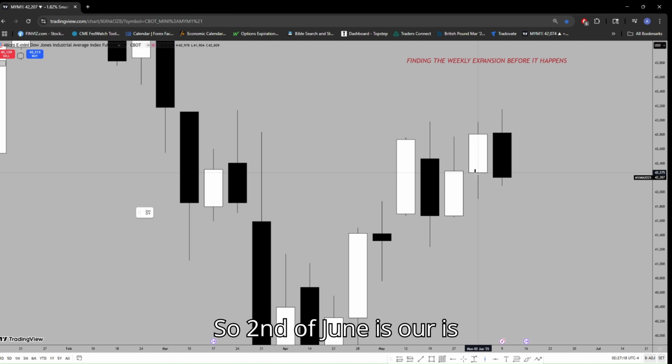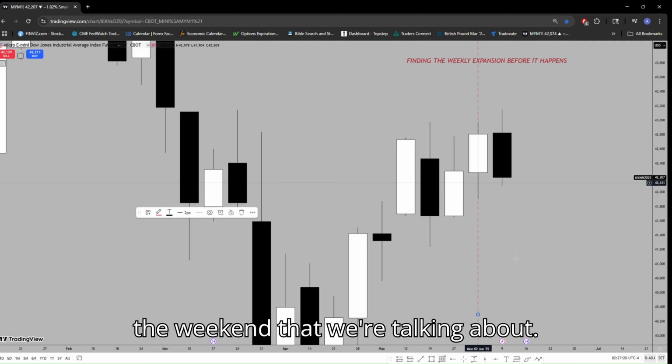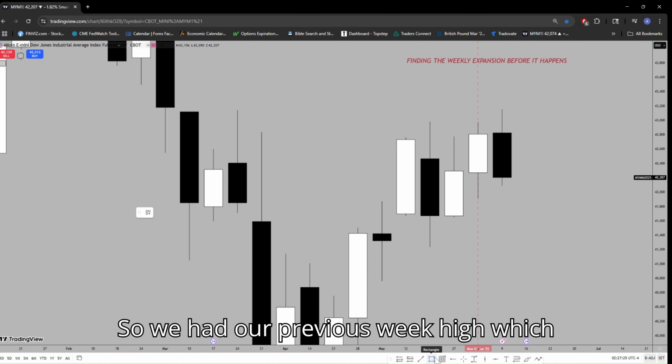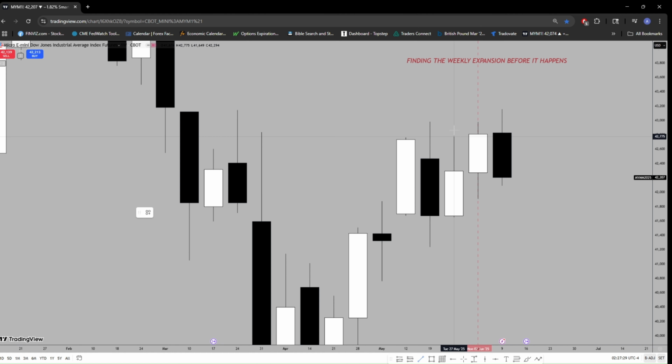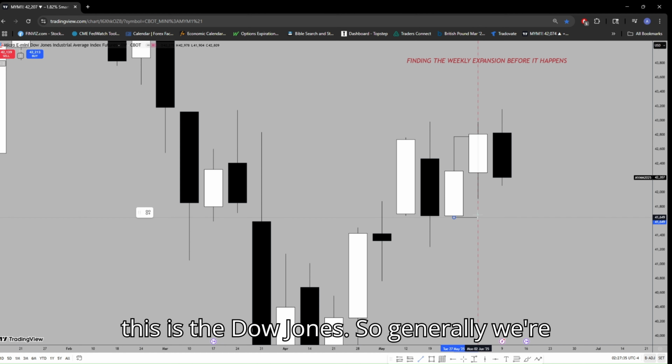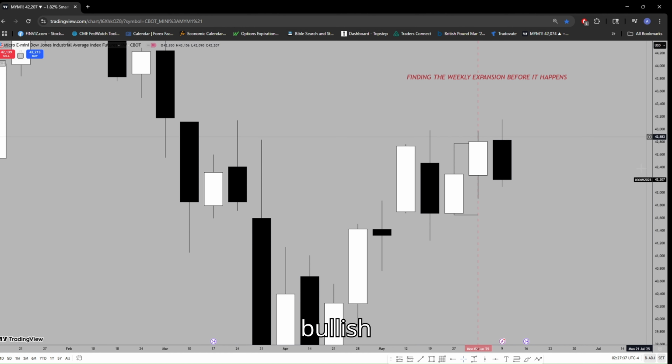So, 2nd of June is the week that we're talking about. So we had our previous week high, which came in right there, and our previous week's low. This is the Dow Jones, so generally we're bullish.